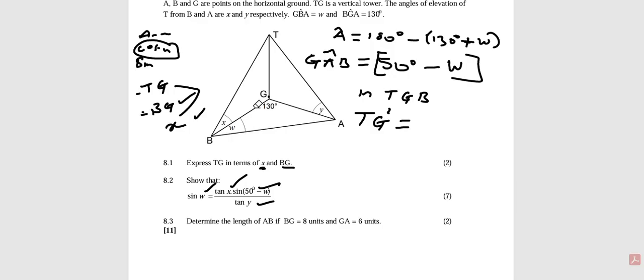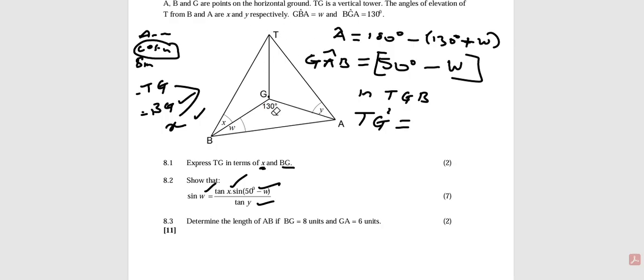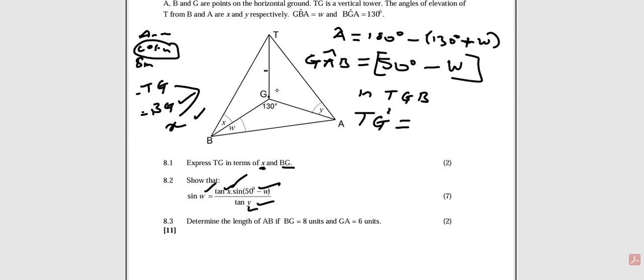So remember we managed to express the TG. Since we managed to express the TG, we just need to focus on this scenario. So remember we need to have the tan, so we can even find the tan, is it so? Let me try to check. I just want to confirm everything.